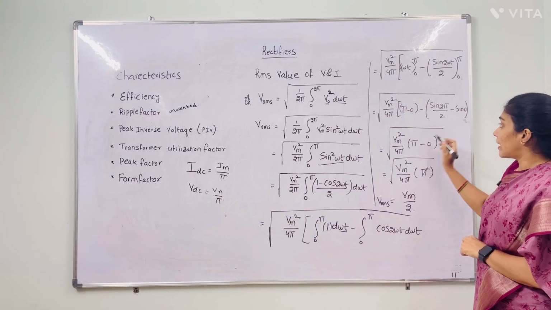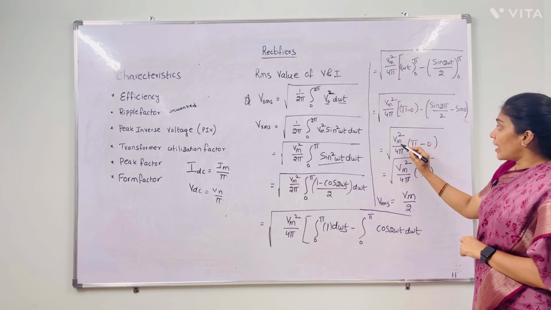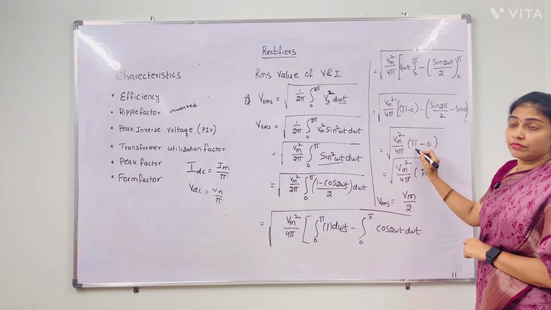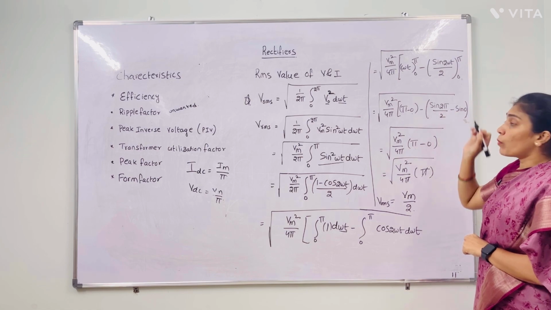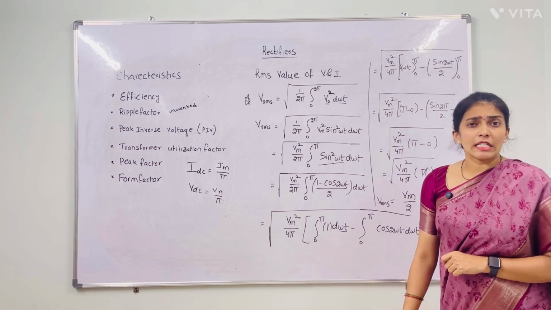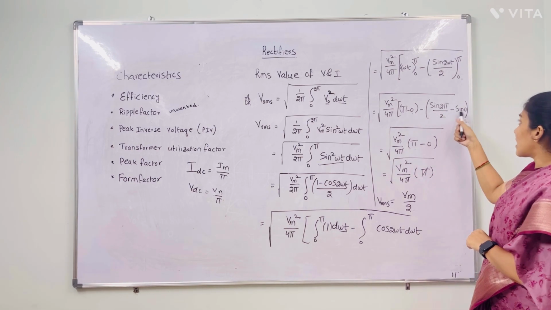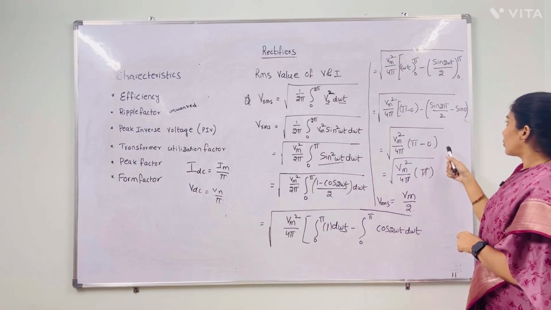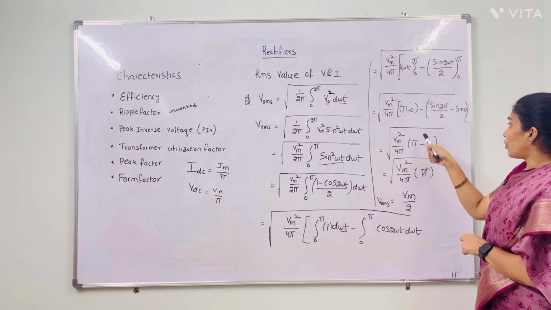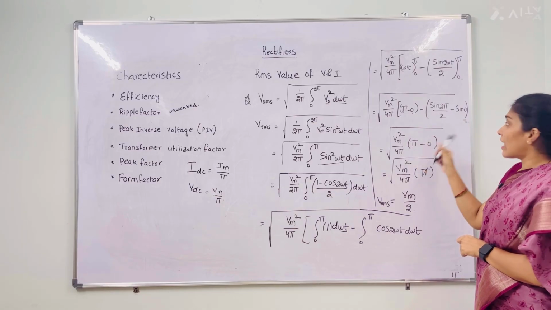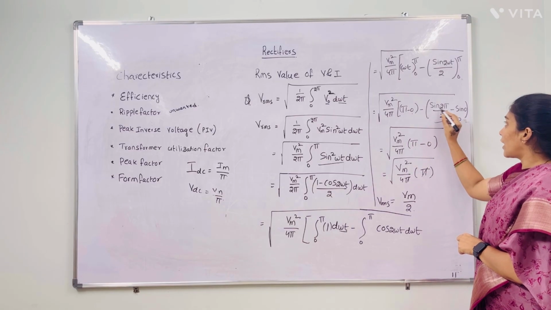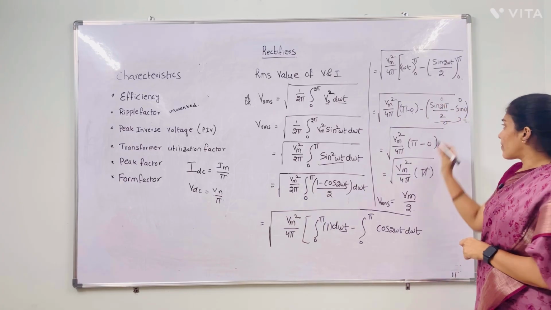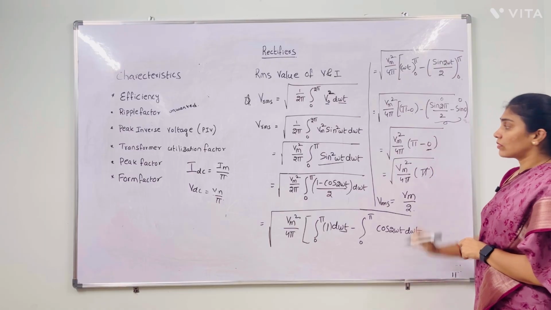Next, under root Vm square by 4 pi, pi minus 0 is pi, minus sine 2 pi, which is 0, minus sine 0, which is 0. So this total term is 0.